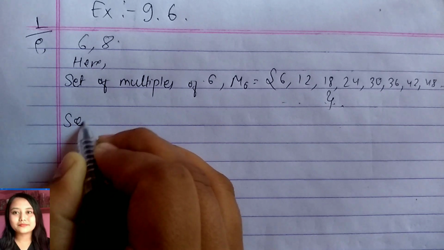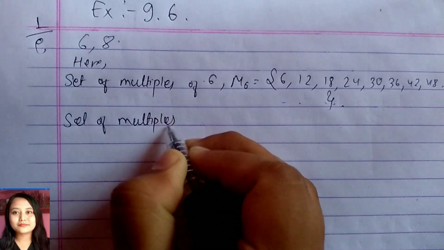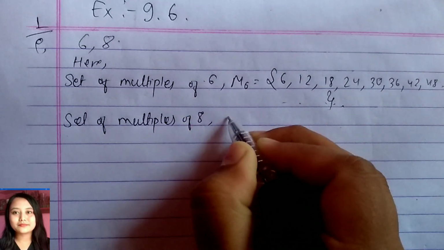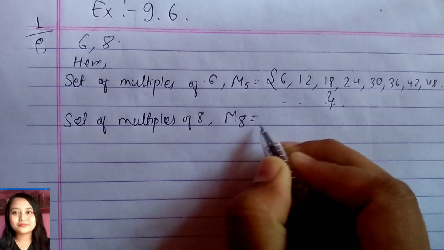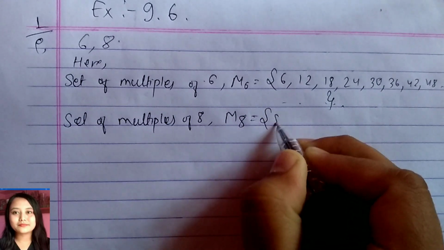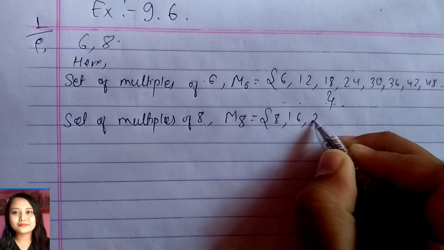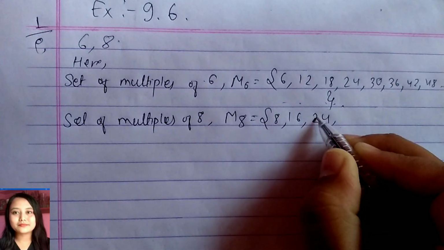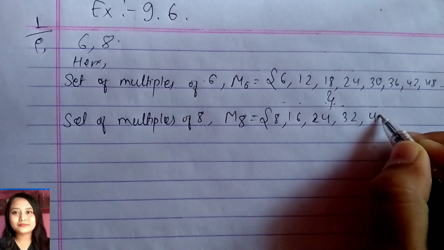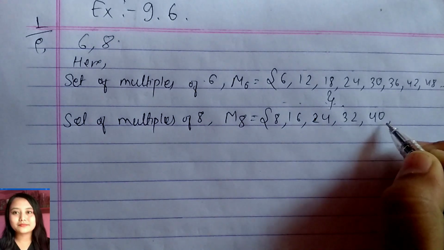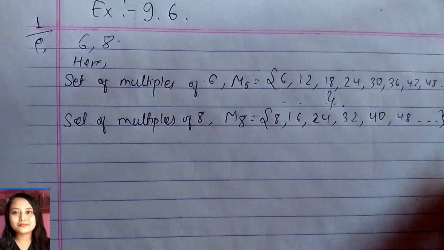Then the set of multiples of 8, M8: 8 1s are 8, 8 2s are 16, 8 3s are 24, 8 4s are 32, 8 5s are 40, 8 6s are 48, and it goes on.